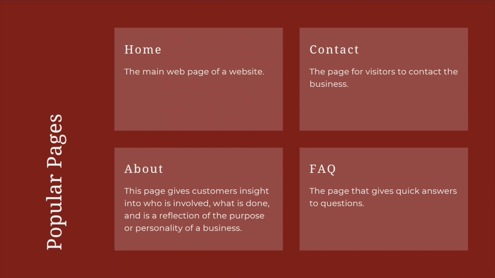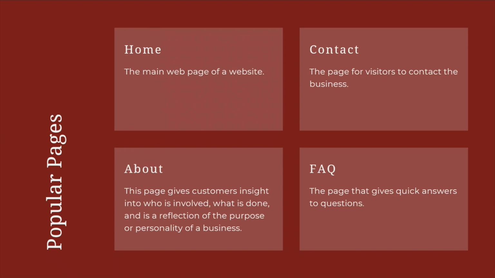The home page is the main page of a website. The About page gives customers and clients insight into who is involved, what's being done at the business, and it's a reflection of the purpose or personality of the business. A contact page is where visitors can go if they would like to contact the business.